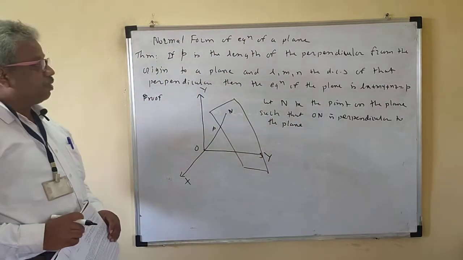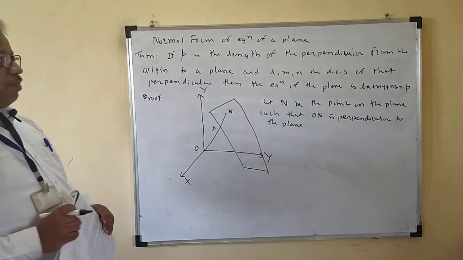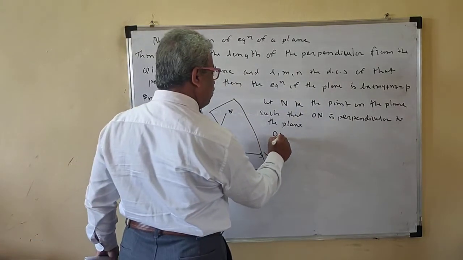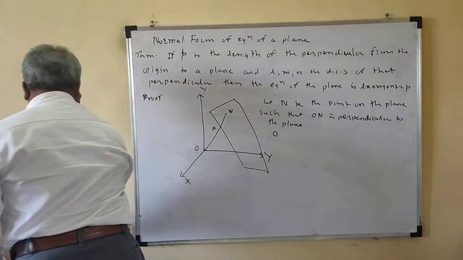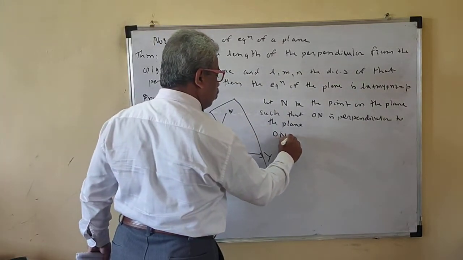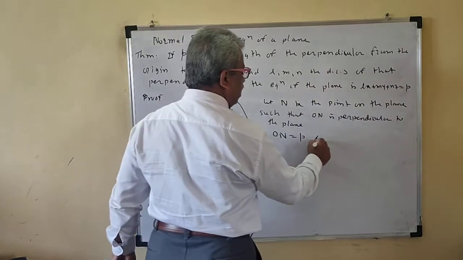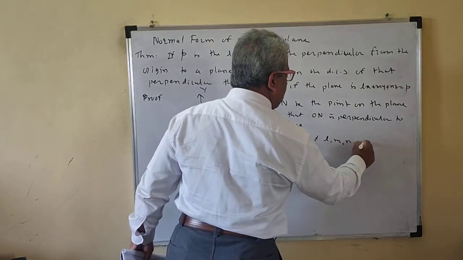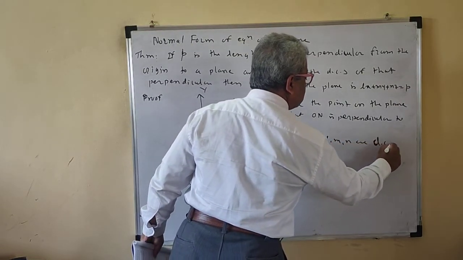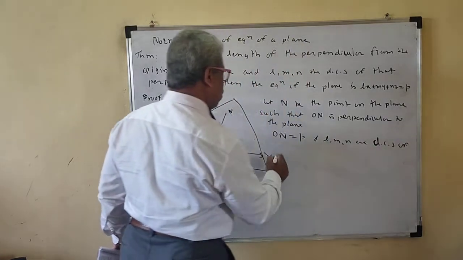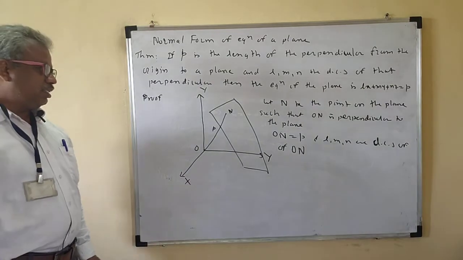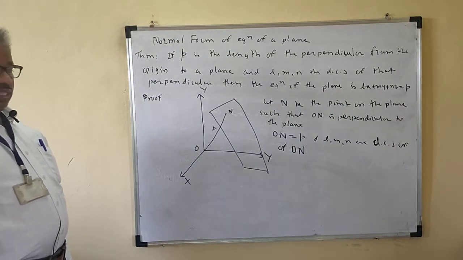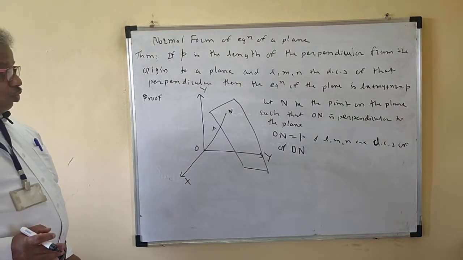So this length is p, the length of the perpendicular, and l, m, n are the DCs of ON.